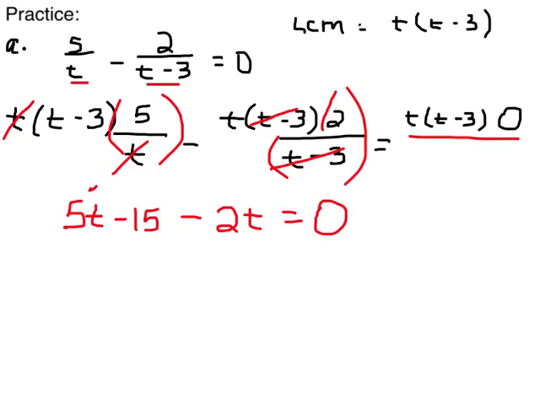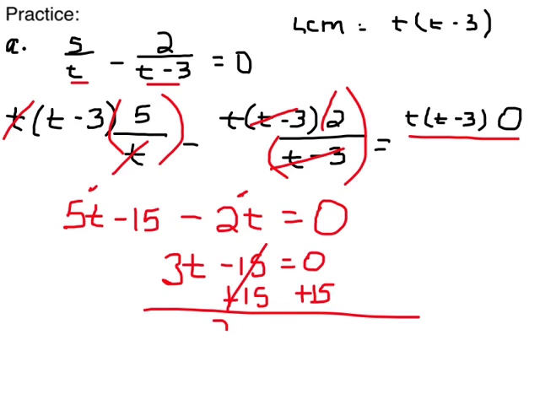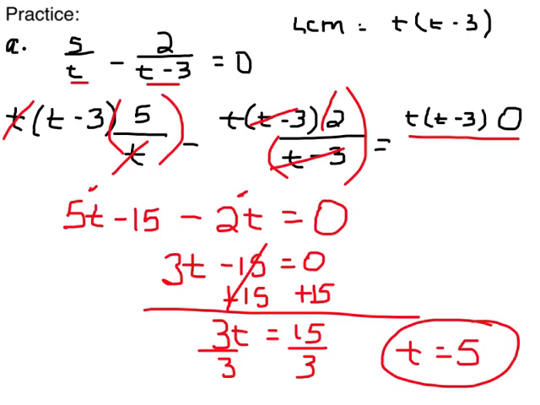Now I've got these two like terms I can combine. 5 minus 2 is 3t, minus 15 equals 0. Add 15 to both sides. 3t is equal to 15. Dividing by 3 on both sides, I find that t is equal to 5. Wasn't that easy? Alright, let's do the next one.